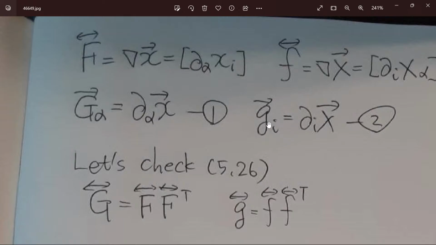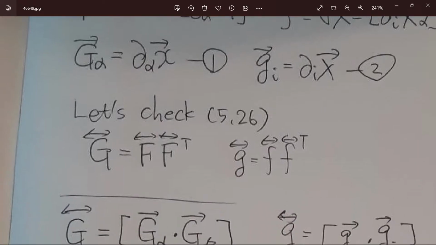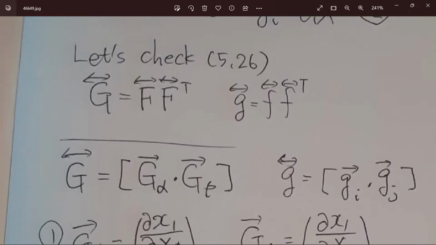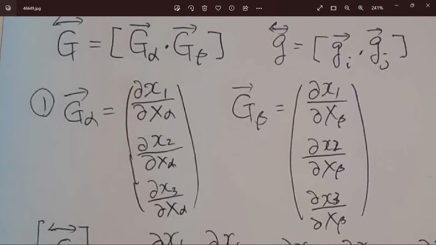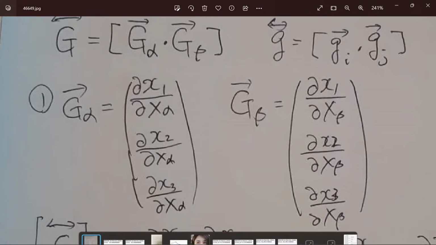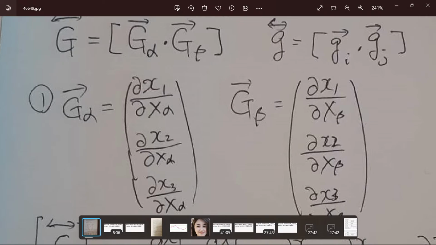Small g is the same thing: small g i is a vector because large X is a vector, and large X has 3 components, 1, 2, 3. So G alpha goes like this. Upstairs you have the vector components x1, x2, x3.